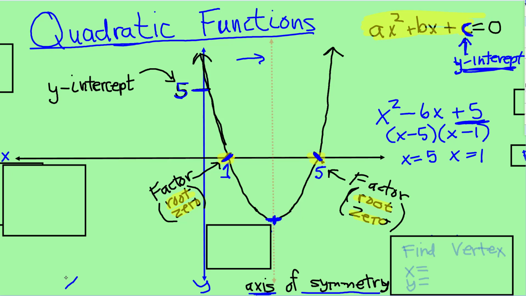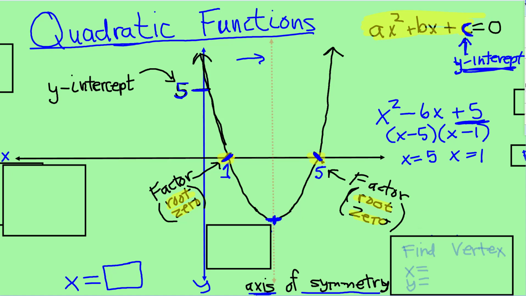Remember, vertical lines are in the form of x is equal to whatever value that x number is, that's the vertical line. And to find the axis of symmetry, you find the x value of the vertex, and that will give you the axis of symmetry.